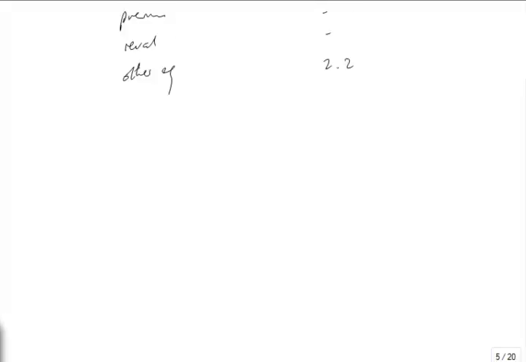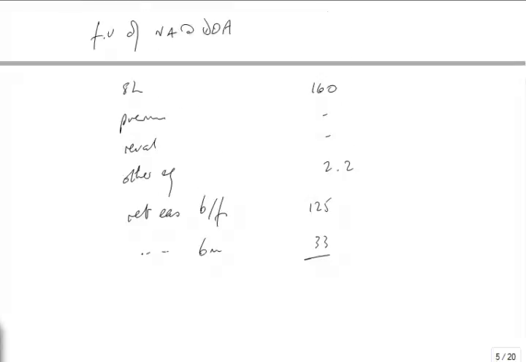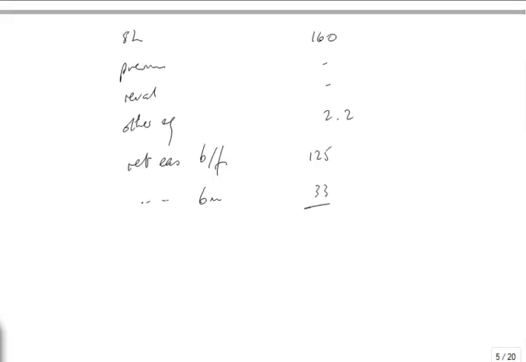Retained earnings brought forward. Well, we're given the figure of 125. And retained earnings for, is it 6 months, isn't it? Yeah, 6 months. Retained earnings for 6 months of this year is 33. Half of the profit for the year, 33. And that gives me then 320.2.